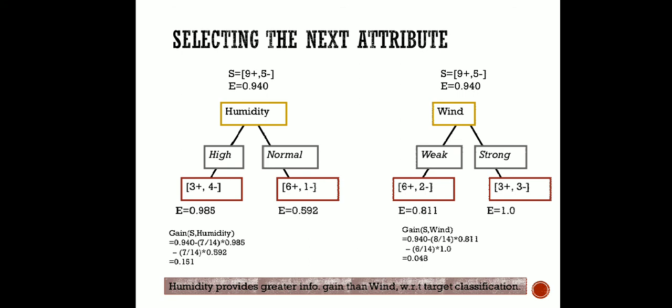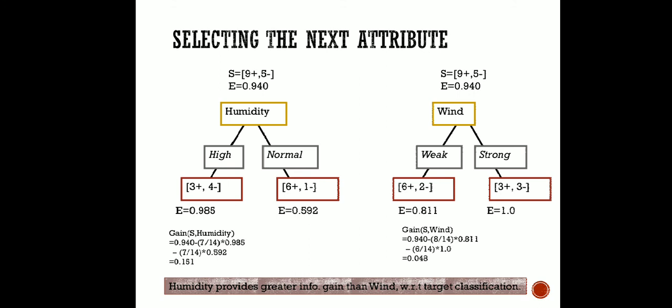Now if we have to calculate the information gain of the humidity node, it will be the original entropy, that is 0.94, minus, for high, the total number of data values is 3 plus 4 is 7, and the original number of data values is 9 plus 5, that is 14. So 7 by 14 multiplied by the entropy of this particular node, that is 0.985, minus this one.